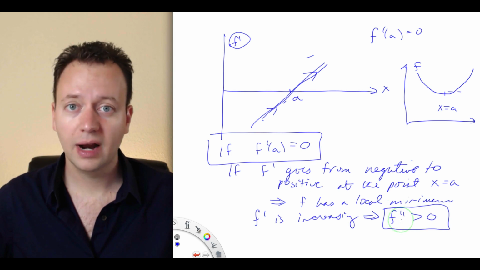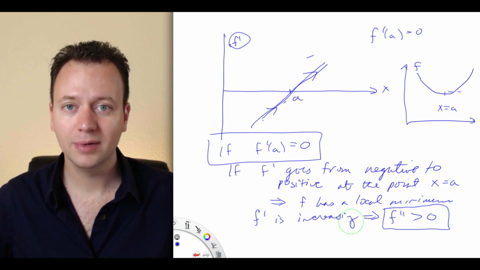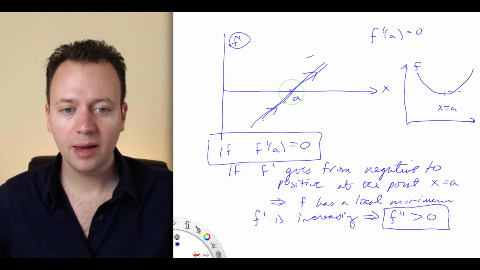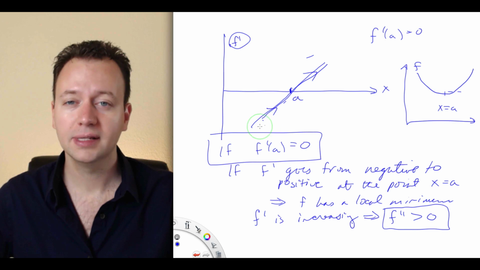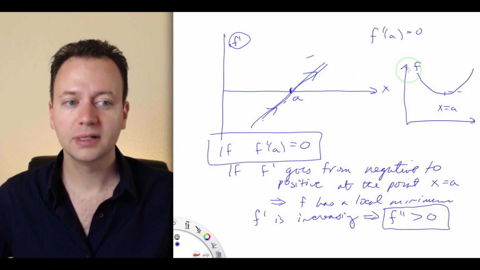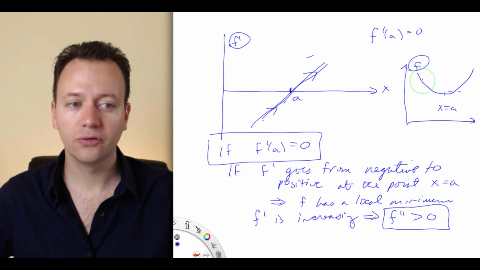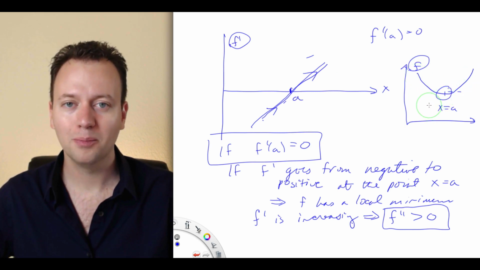Whenever f double prime is greater than 0, f prime is increasing. If f prime is equal to 0, f prime must be increasing through 0. So f prime must go from negative to positive, which means our original function is going from decreasing to increasing, and therefore our point is a local minimum.